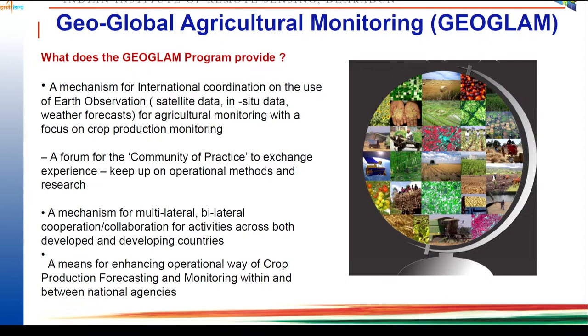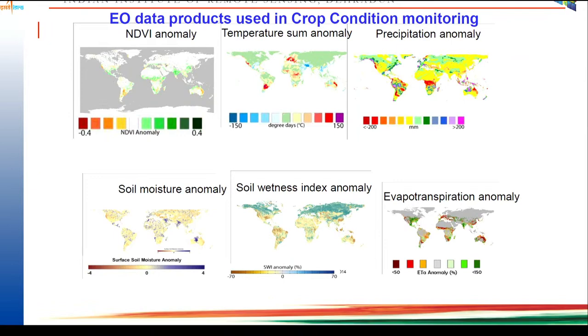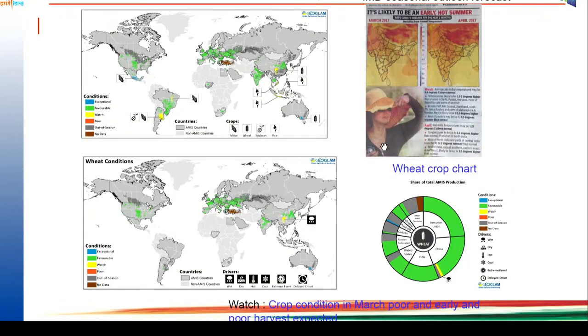Here you see monthly NDVI, temperature, precipitation, soil moisture, and all anomalies analyzed to provide the crop outlook.